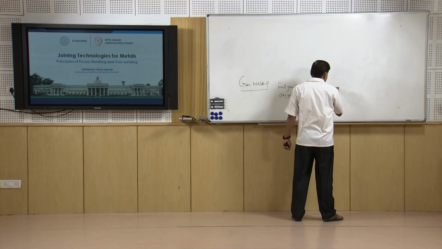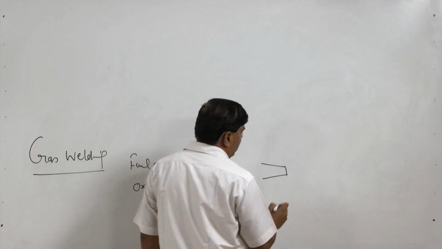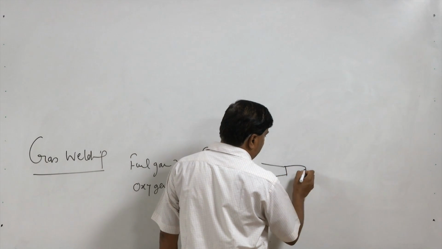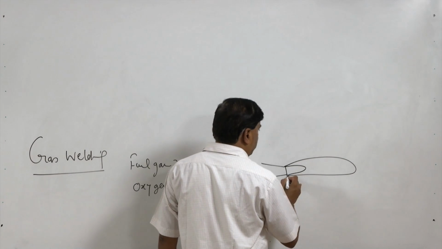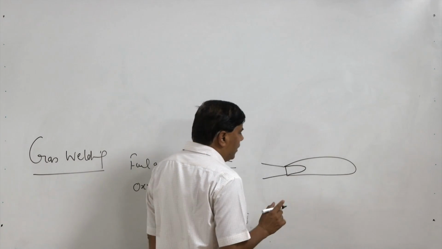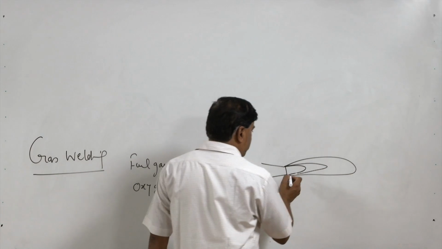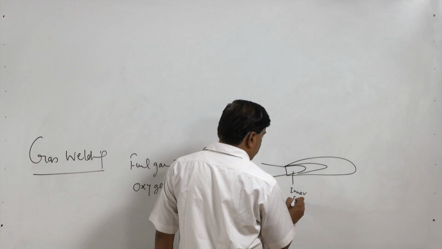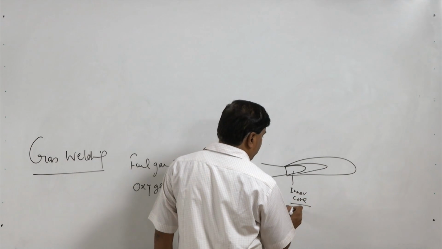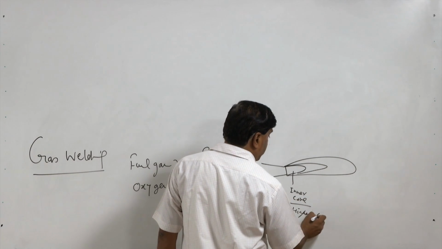The typical flame which is formed in gas welding has, say, this inner cone and this outer cone. Sometimes a third cone is also observed. This is called the inner cone of the flame. It offers the highest temperature.